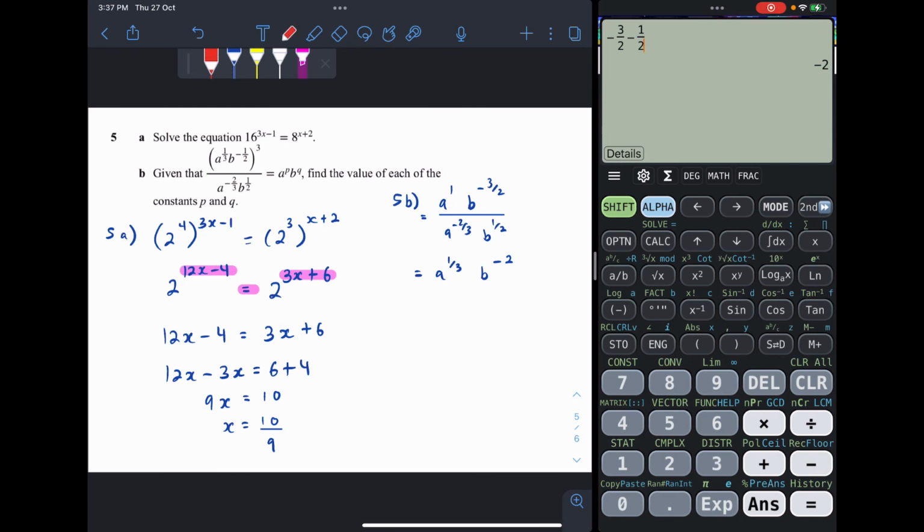Always check, it's so easy to check. Have a look at what they want and what you have. I have a, I have b, great. I have a power on both sides, great. So I can find my answer already. It is p equals 1 over 3 and q equals negative 2, and that is my final answer.